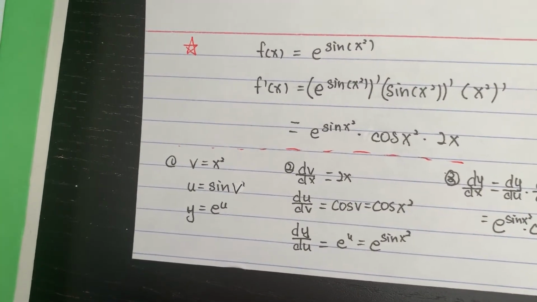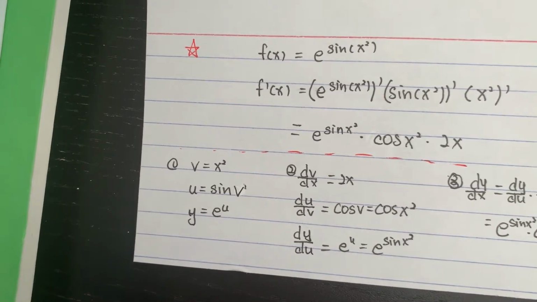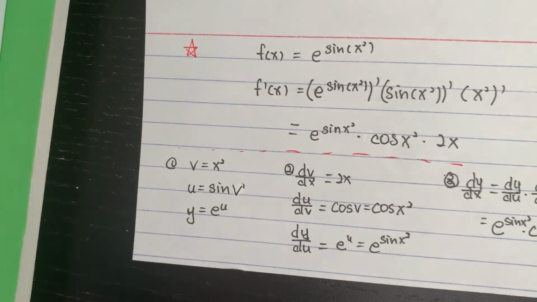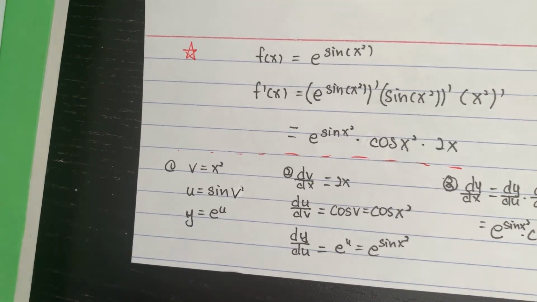So we can see now we are using mental math because you already get used to how you can define the functions, and you know that there are three layers. The first one is the total one, the big one, and then it's sin x squared, and then it's x squared.